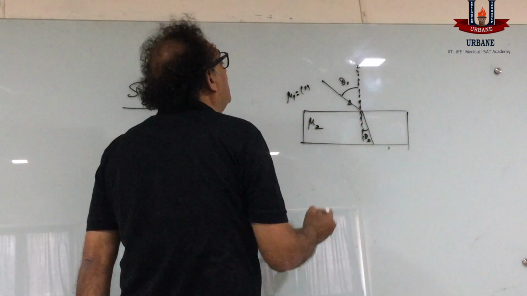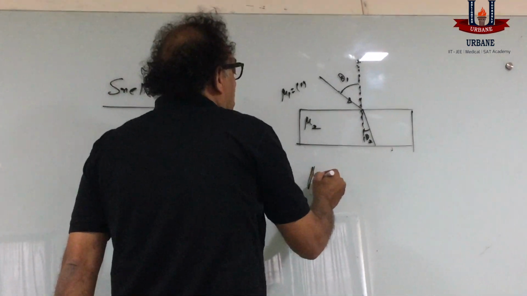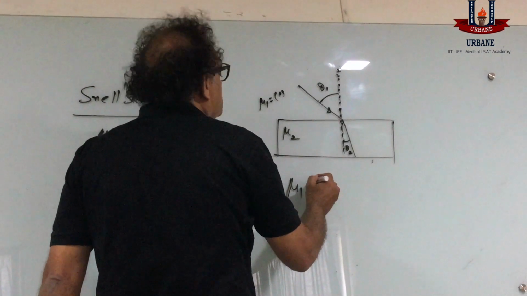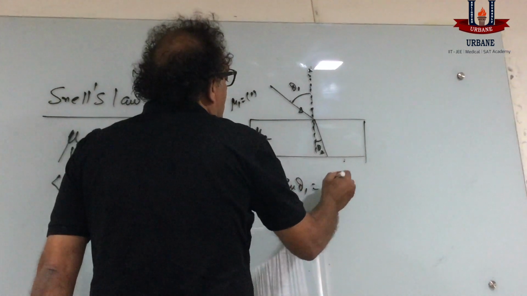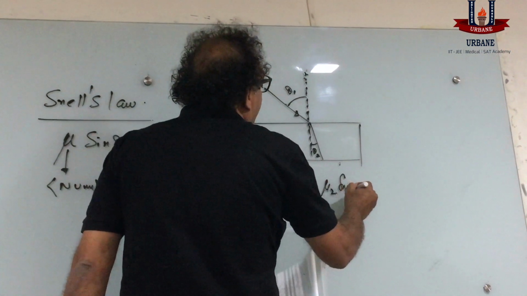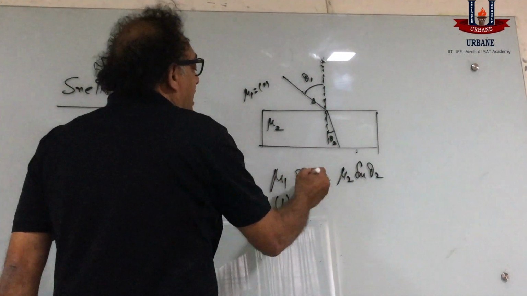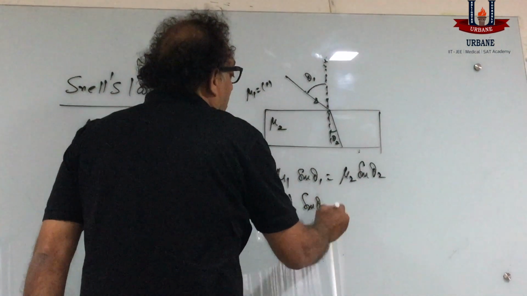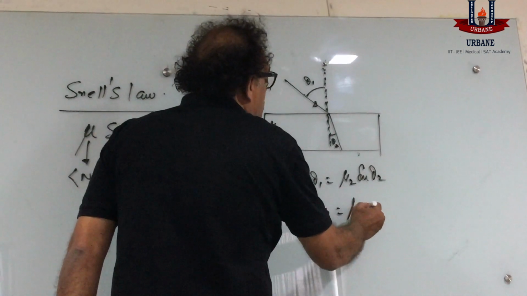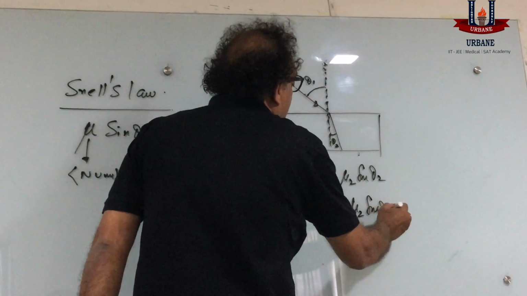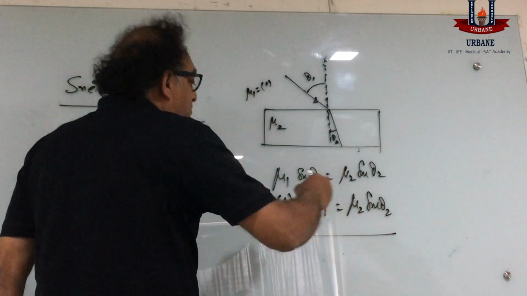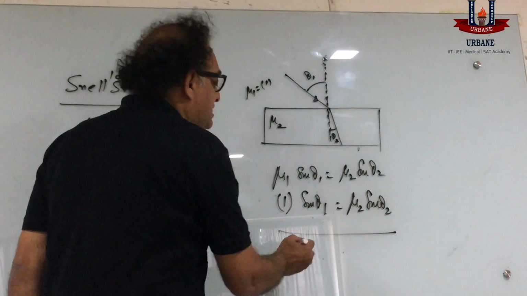So as per the Snell's law, mu 1 into sine theta 1 should be mu 2 into sine theta 2. Here the value of mu 1 is 1 and this is called sine theta 1 and this is supposed to be mu 2 and this is supposed to be sine theta 2, which people call as sin I by sin r.